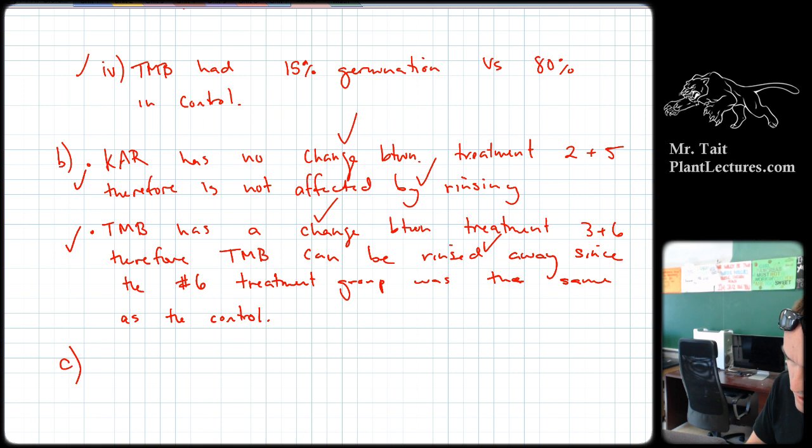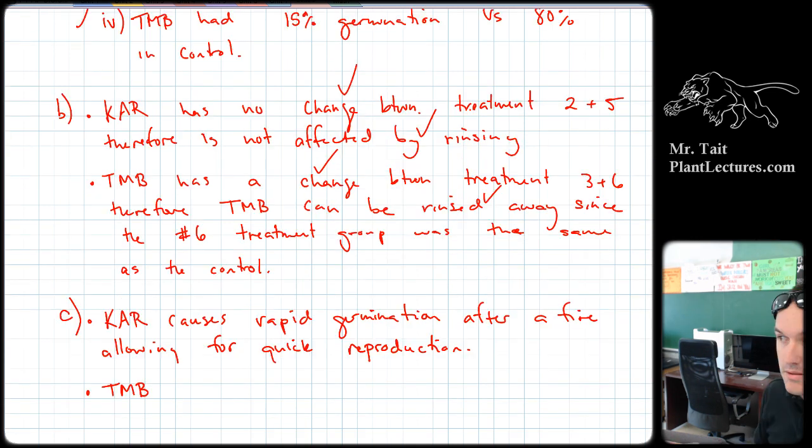And then the other one was the TMB. And the TMB, this is the harder part of this question, it is going to inhibit the growth, right, until what happens? More water, right? So this waits until the first rainfall after a fire, right? So TMB plants will not germinate until after the first rainfall.